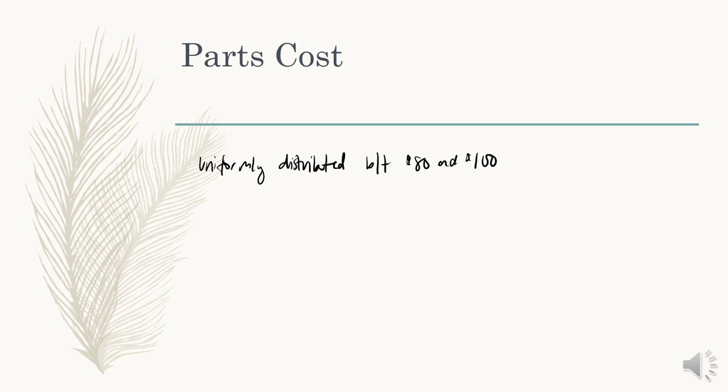It's somewhere between 80 and 100, but everything between 80 and 100 has equal chance of happening. As far as the picture goes, if you want to think of this as a graph, the cost is between 80 and 100, and because we know probability has to add up to 1, each of these has probability 1/20th of happening.